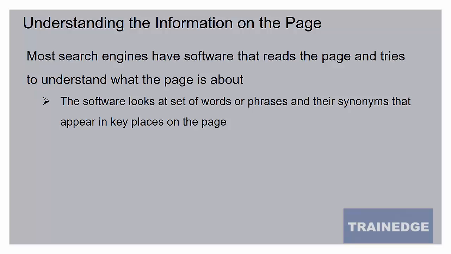Now, Google may not be able to understand that all of these different phrases mean the same, but it can understand some of them which are more closely related in terms of usage of English words.